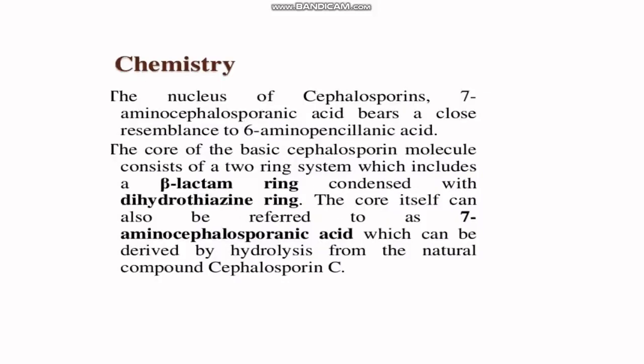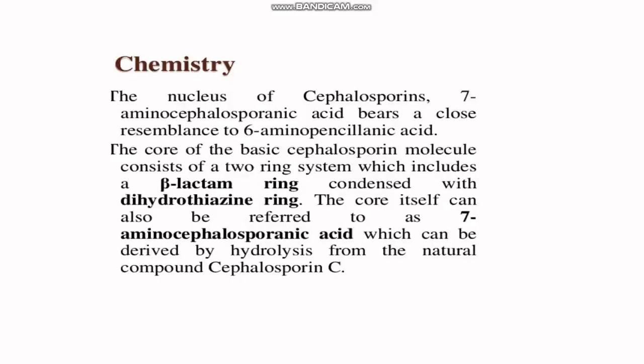The chemistry: what is the chemistry of cephalosporin? The nucleus of cephalosporins, 7-aminocephalosporanic acid, bears a close resemblance to 6-aminopenicillanic acid. So its structure has almost similarity to what? 6-aminopenicillanic acid.